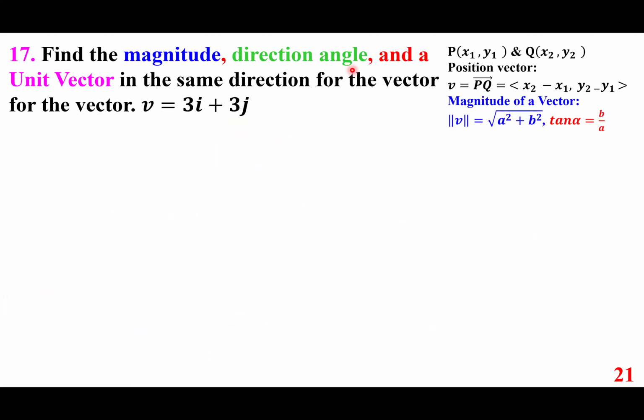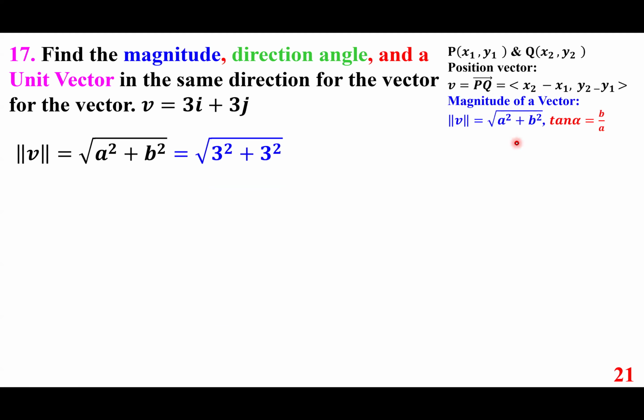Find the magnitude, direction angle, and a unit vector in the same direction for the vector v equals 3i plus 3j. Obviously, we can easily find the magnitude just following the formula.